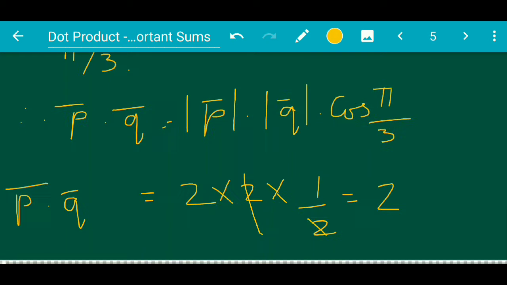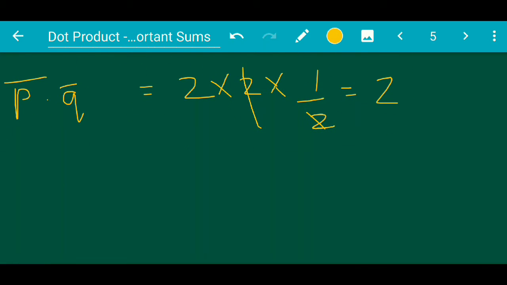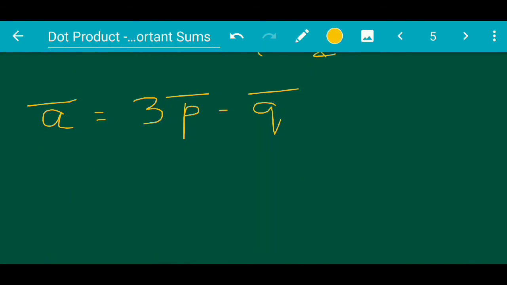Now going on further in the sum, they have given us a bar. One of the sides, a bar, is given as 3p minus q. Suppose we take mod a the whole square, a dot a bar, we can write it as mod a square. So mod a square becomes mod 3p minus q square.